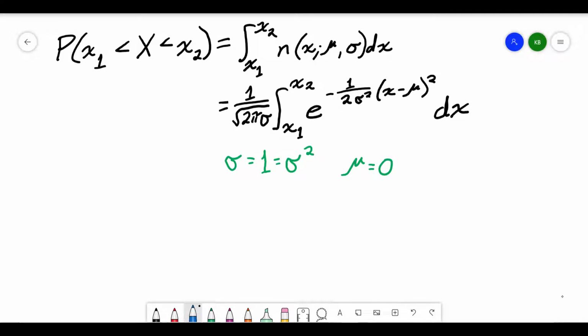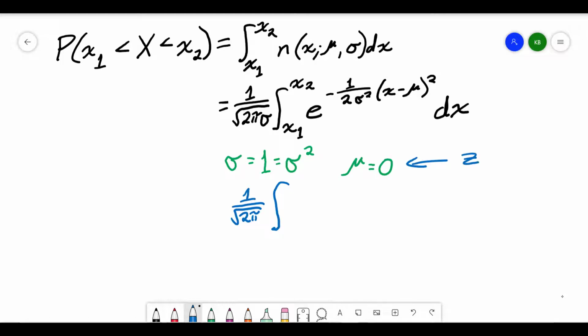What this ends up doing is we would have 1 over the square root of 2 times pi, because our standard deviation would be 1, times the integral. Now, we've changed. We're not actually in x's anymore. We're in some kind of new normal random variable where these things are true. So let's say our random variable is z.